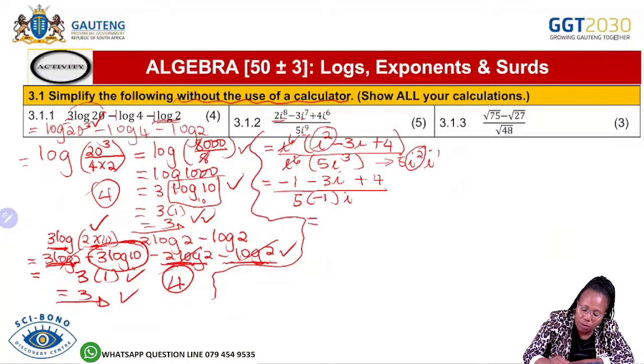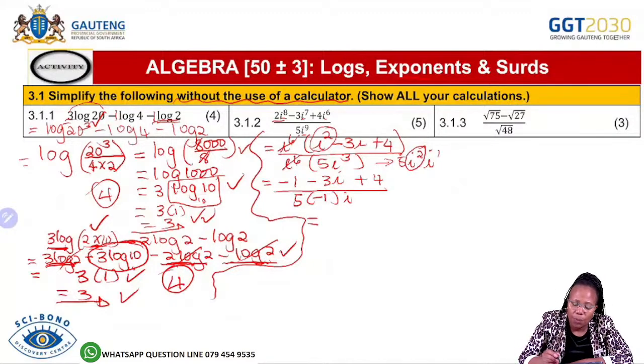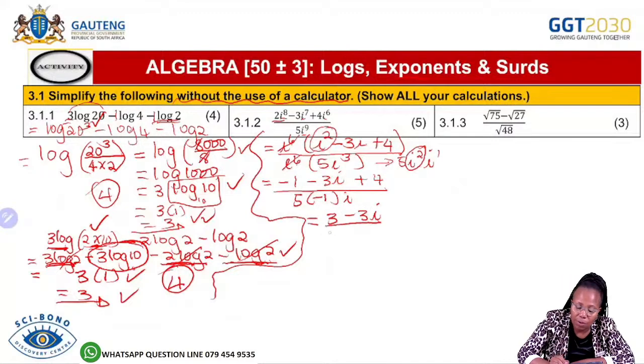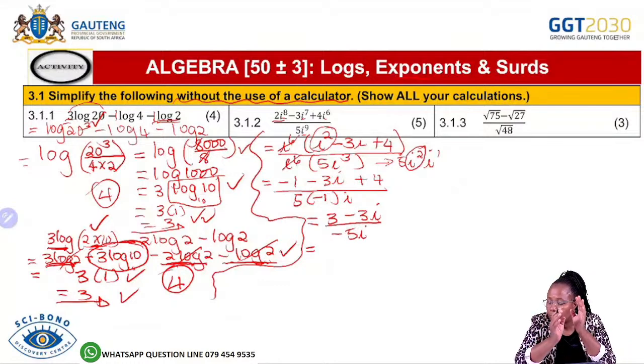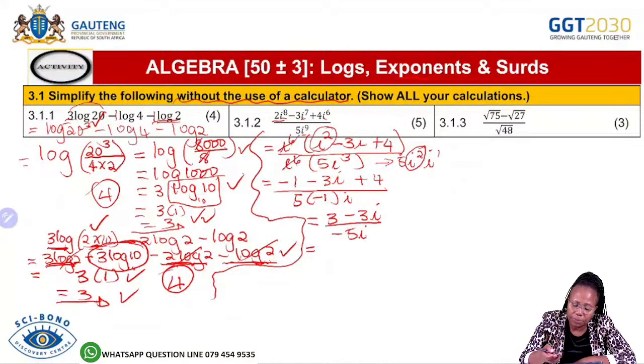And then now we continue. We have 4 minus 1, which is 3, minus 3i, all over, on the denominator, minus 5i. And then we are going to separate this now into the a and b part in a rectangular form.